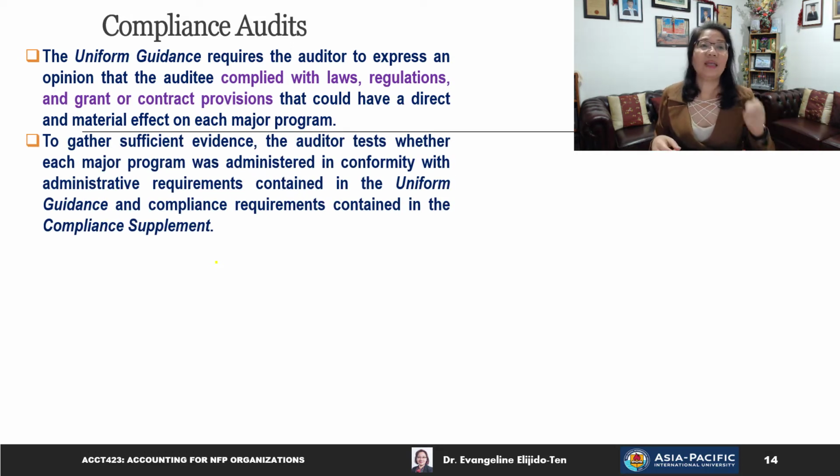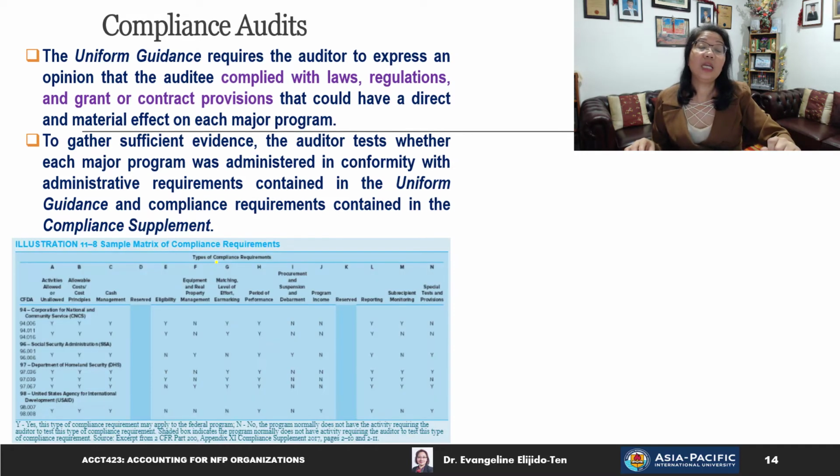In order to gather sufficient evidence, the auditor needs to test whether each major program was administered in conformity with administrative requirements contained in the uniform guidance and compliance requirements contained in the compliance supplement.